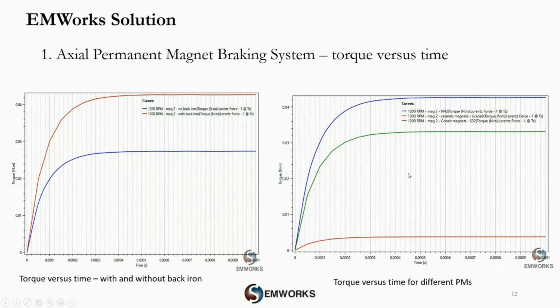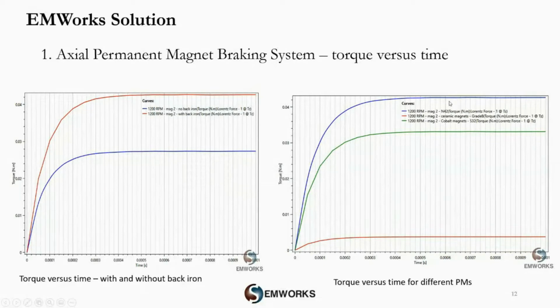This one is the effect of the type of magnets. The blue one is the neodymium iron boron. You get higher torque. And then the cobalt magnets are next, and then the ceramic.